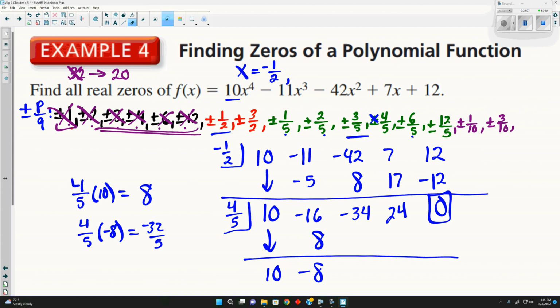Well, 6/5 is close to 1, but it's on the wrong side because it's going to be bigger. 12/5 is way too big. That's bigger than 2. 1/10 and 3/10 are too small, yes? So what's ones that possibly could work?